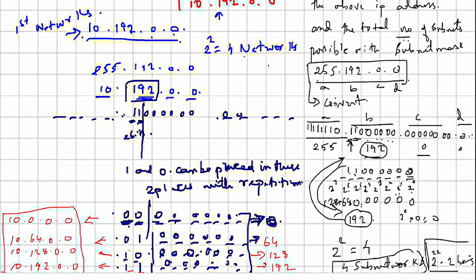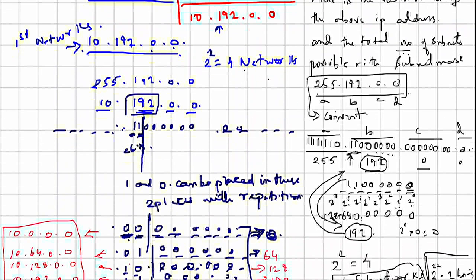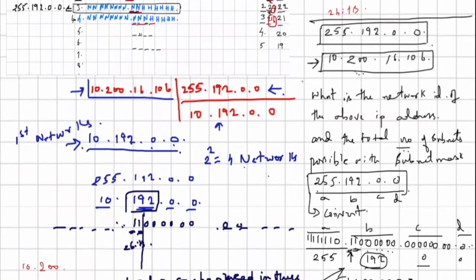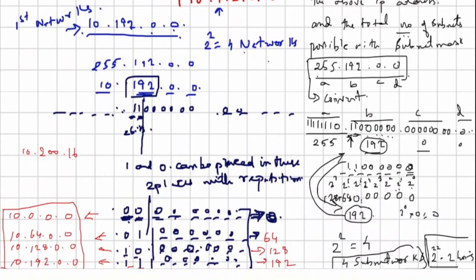Our IP address, 10.200.16.106, will come under which subnet? It is after 200, let us say it is 200. So 200 will only come after 192. So this belongs to subnet 10.192.0.0. This is the final conclusion.